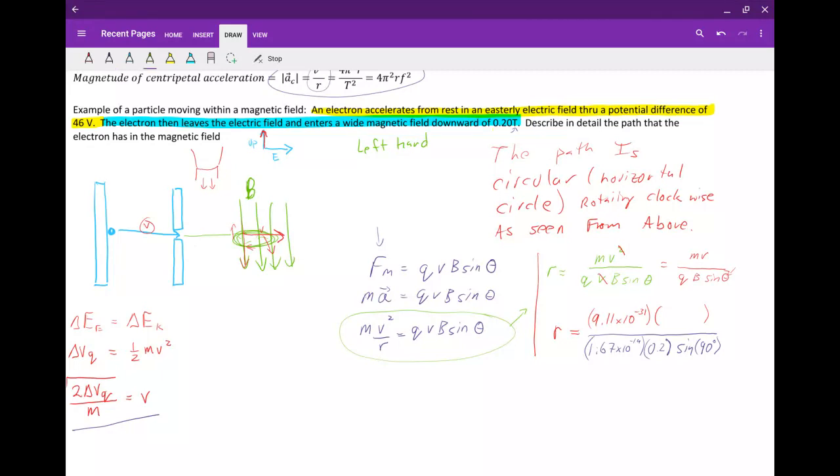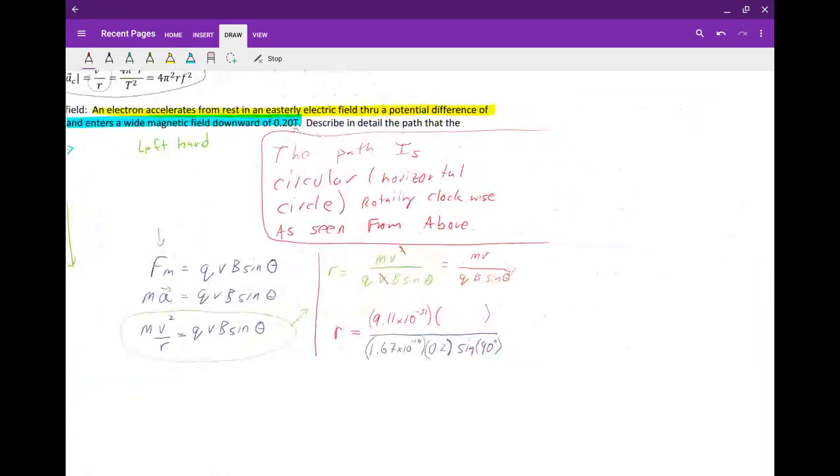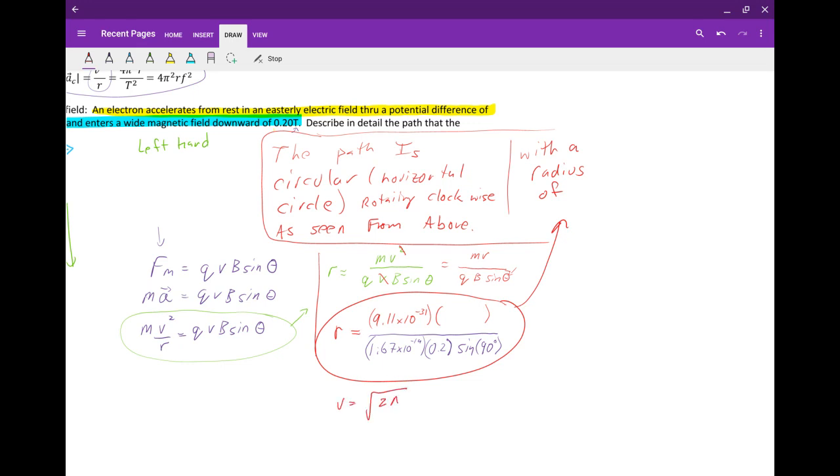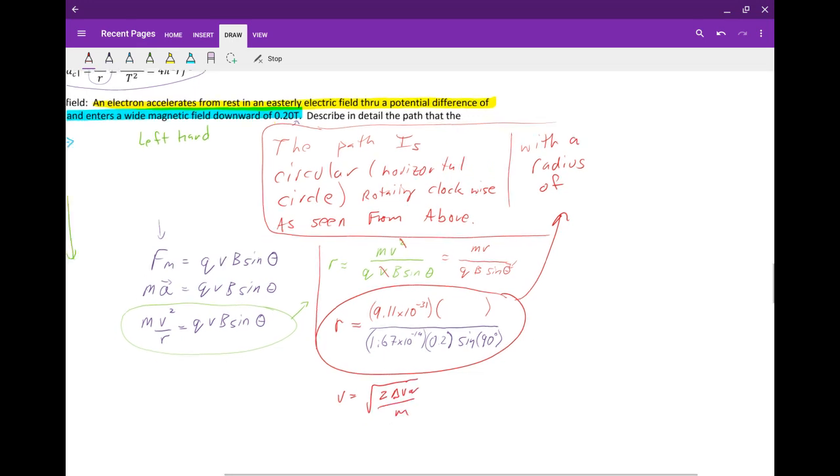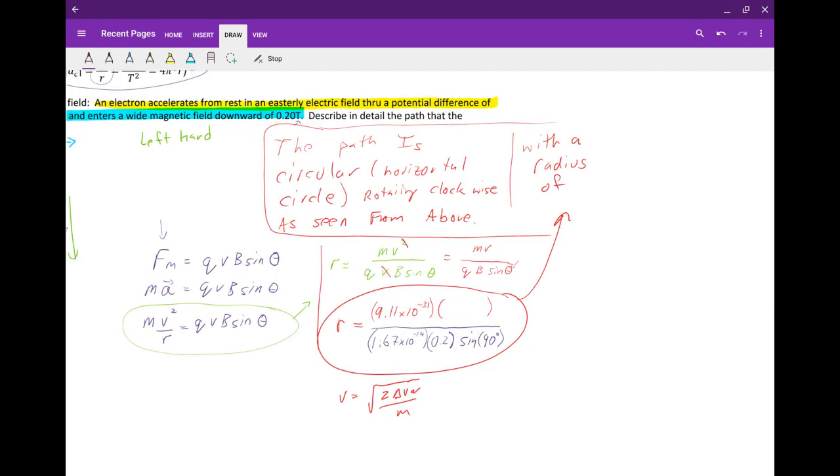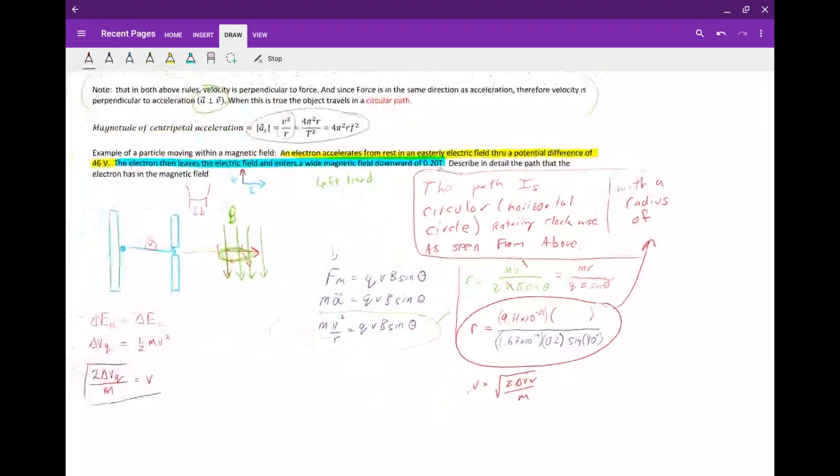I've basically described that path right here, and it has a radius of basically this value, where v is the square root of 2 times potential difference times Q over m.